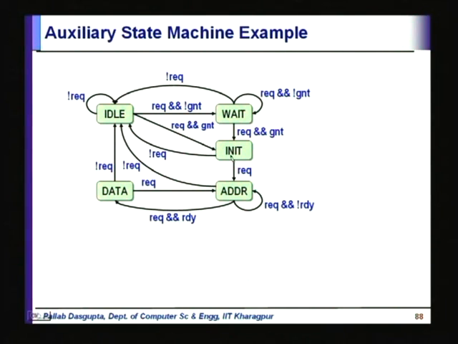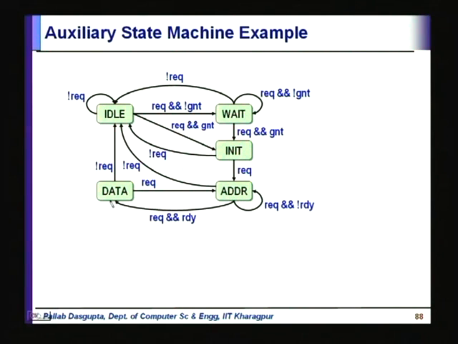Then from here in the next cycle it floats the address and then stays in this state until ready is there. Remember, the address will have to be held until you have ready.